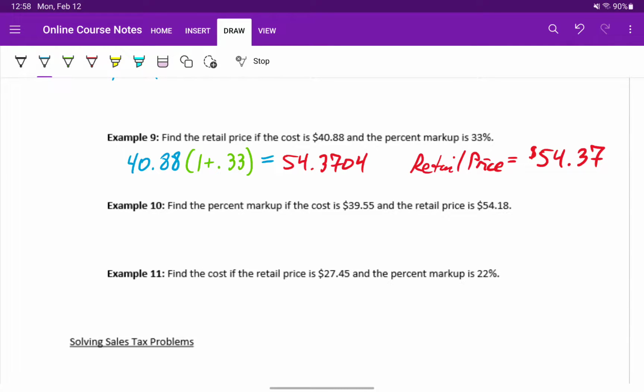In example 10, we want to find the percent markup if the cost is $39.55 and the retail price is $54.18. So we'll take that cost times 1 plus that unknown percent markup and set that equal to 54.18.